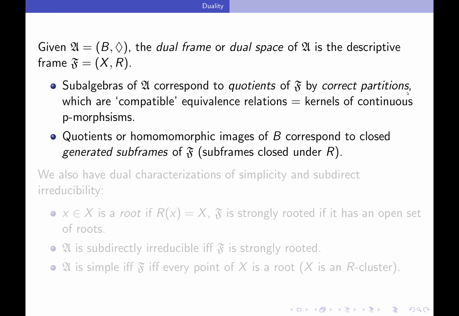And we have a duality, right? So you expect that injective maps correspond with surjective maps. So subalgebras on the algebraic side can be identified with appropriate quotients of the spaces, specifically these quotients by the compatible equivalence relations that are the kernels of the morphisms, right? Because we're dual to an algebraic category.